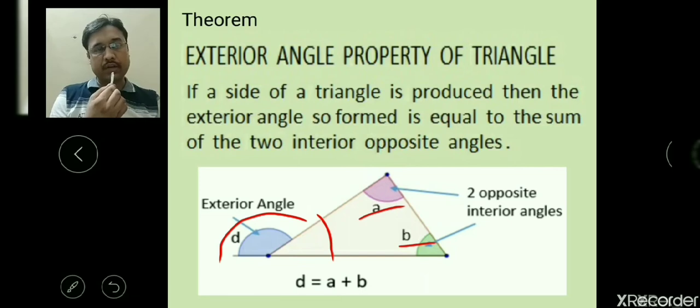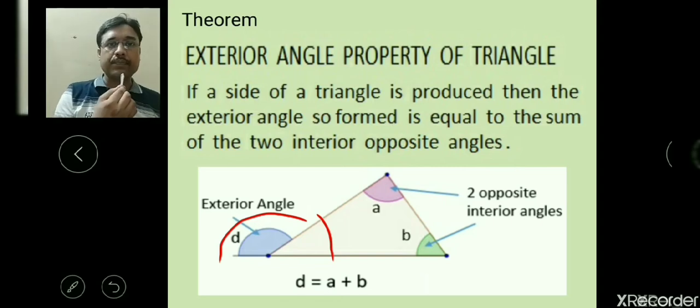So this property tells us that if you add the interior opposite angles, you get the exterior angle. So we can say that angle D equals angle A plus angle B.